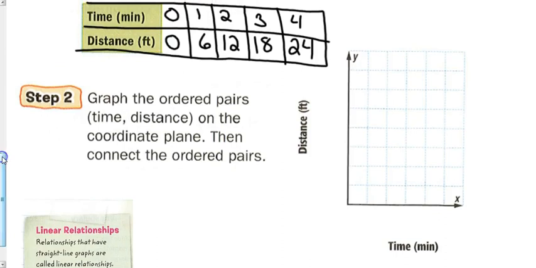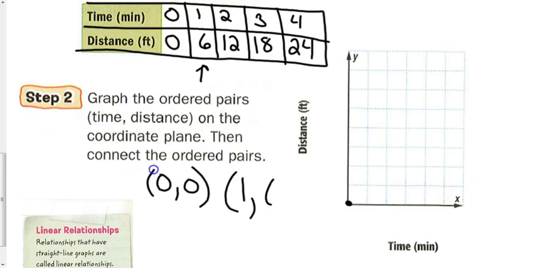So our first ordered pair would be (0, 0), because at 0 minutes, it goes 0 feet. Our second ordered pair, which we can see created right here, again, time is our x. So 1 minute, 6 feet. So we'll go 1 minute.